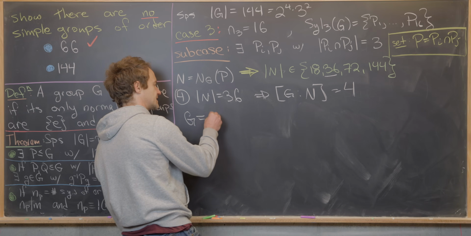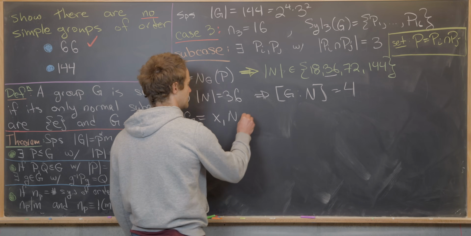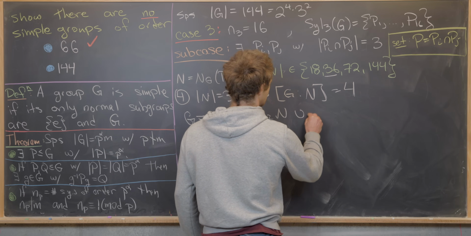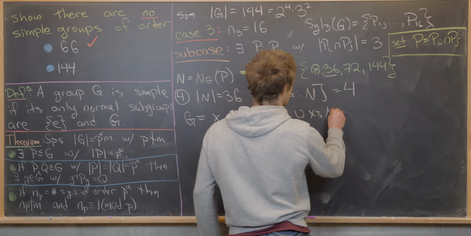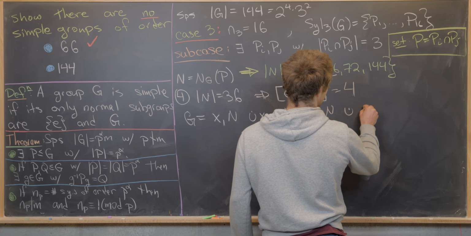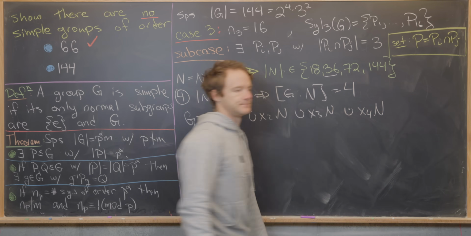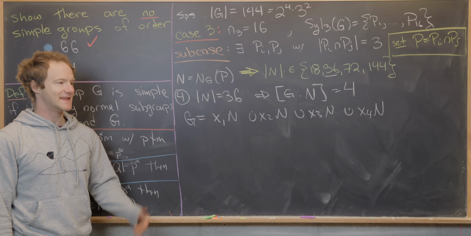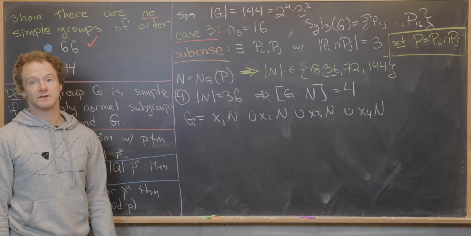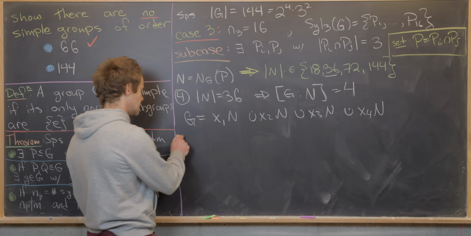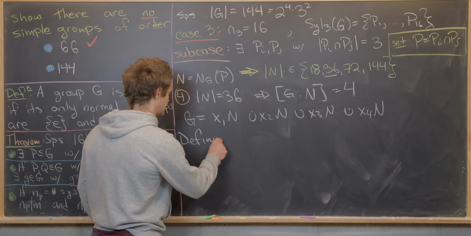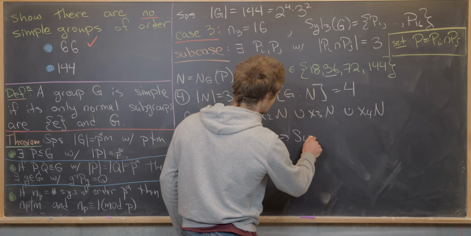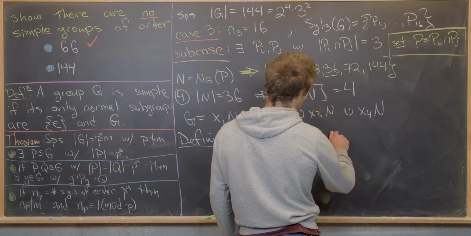So let's write it like this. x1N, disjoint union x2N, disjoint union x3N, and then finally disjoint union x4N. Now we're going to do a pretty similar trick to something that we did earlier, and that is induce a homomorphism into S4. So let's define phi from G to S4 in the following way.